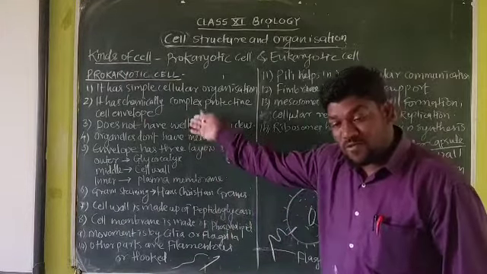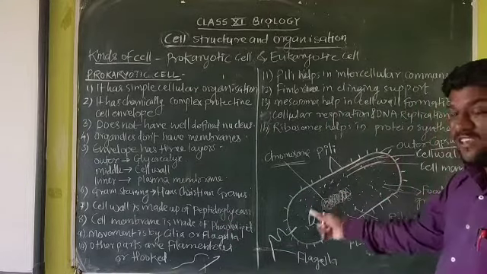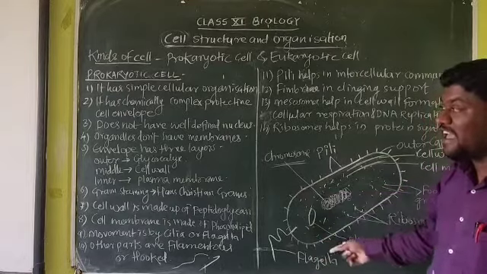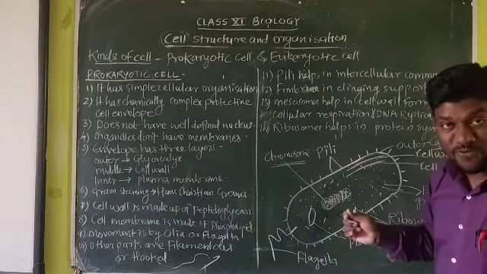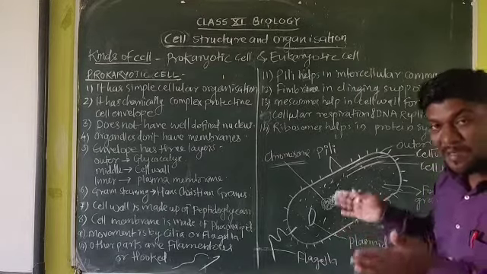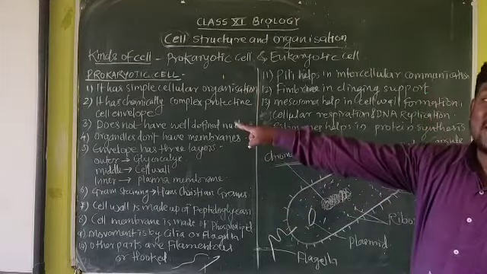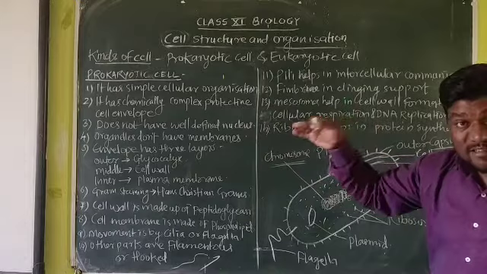Now from this point we will look at this prokaryotic cell, you can see on the blackboard. This prokaryotic cell has a chemically complex protective layer, a chemical protective layer which is called a cell envelope. It is an outer layer.